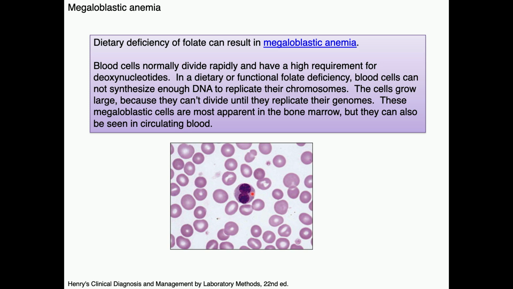Does that make sense? Now that's in contrast to an iron deficiency anemia. In iron deficiency anemia, the problem is exactly reversed. That results in a microcytic anemia, right? So there, with the lack of iron, you don't have a problem with nucleotide synthesis.